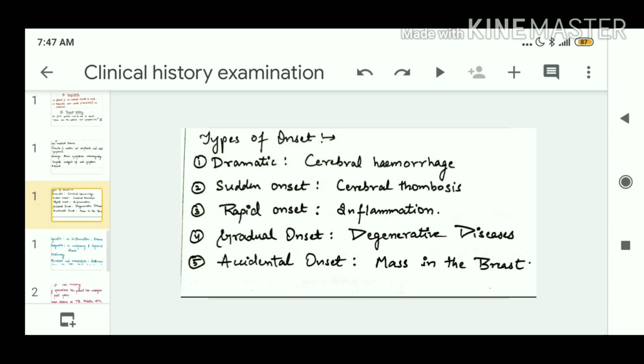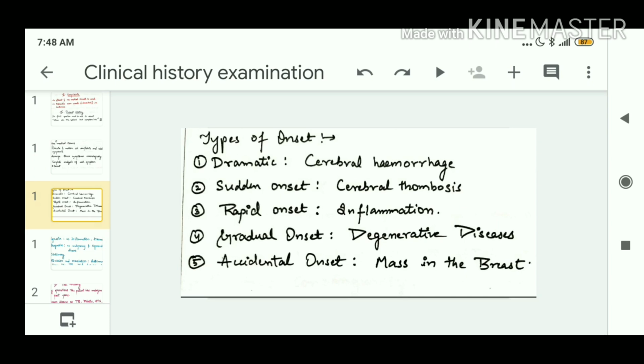Onset. What are the types of onset, when the condition began? Onset is of 5 types: dramatic, sudden onset, rapid onset, gradual onset, accidental onset. Dramatic onset, for example cerebral hemorrhage, will happen within seconds or minutes, and sudden onset will happen within hours, for example cerebral thrombosis.